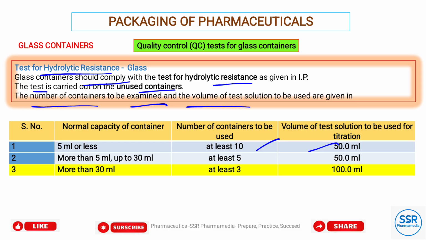For more than 5 ml up to 30 ml, at least 5 containers and 50 ml of solution are used. For more than 30 ml, at least 3 containers and 100 ml of solution are used.